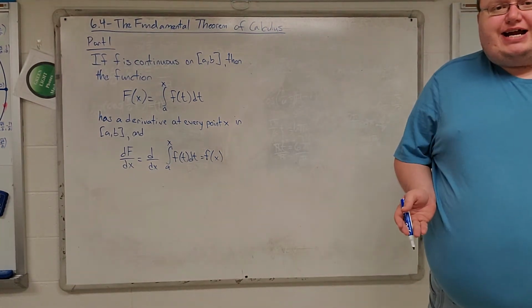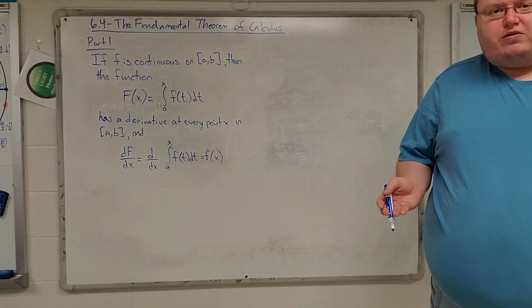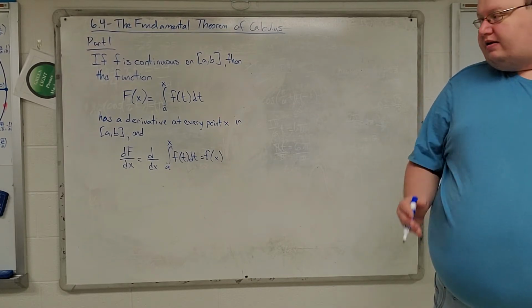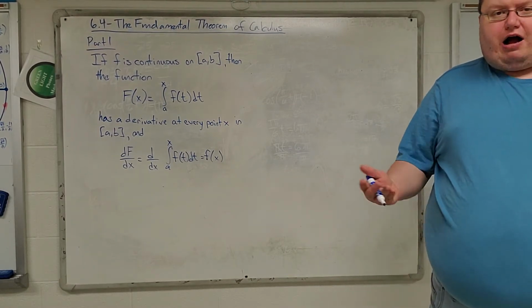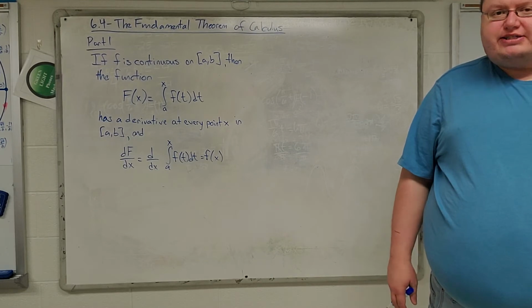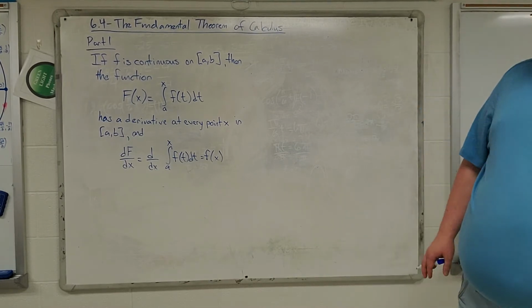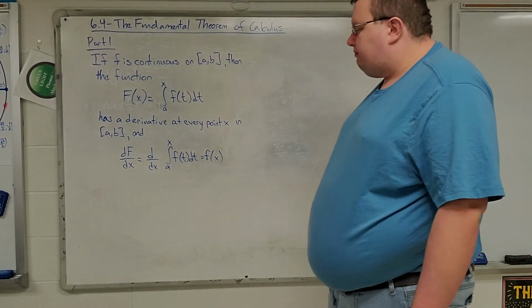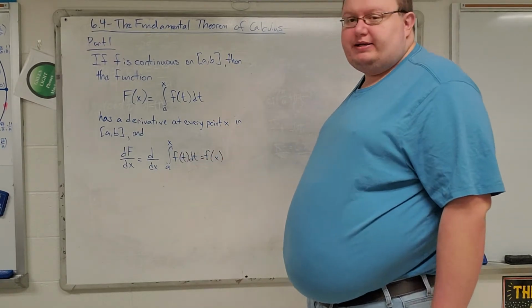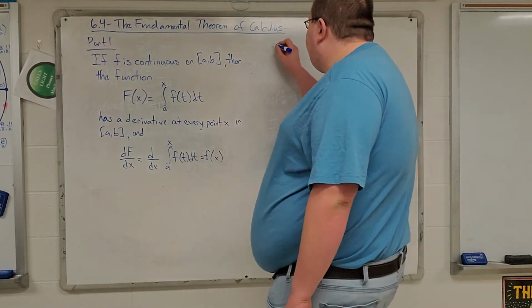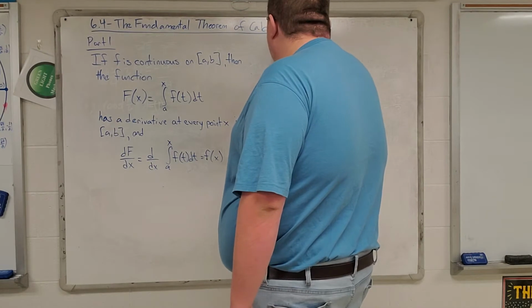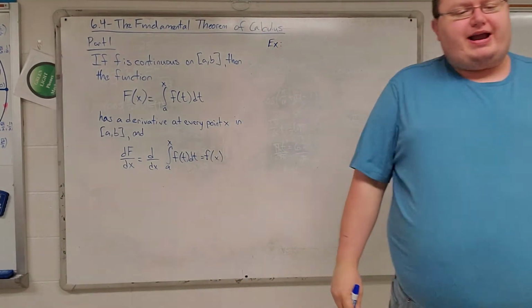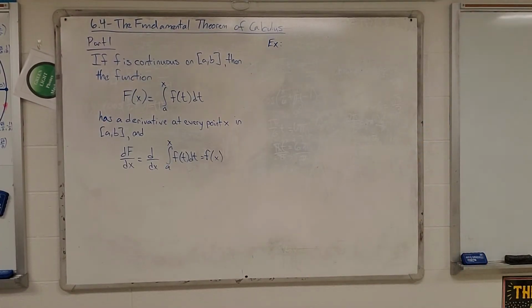Essentially, derivatives and definite integrals are basically opposites of each other. Those operations cancel each other out and I just end up back with the integrand, but with my variable x plugged into it. So we can actually use this to solve problems.